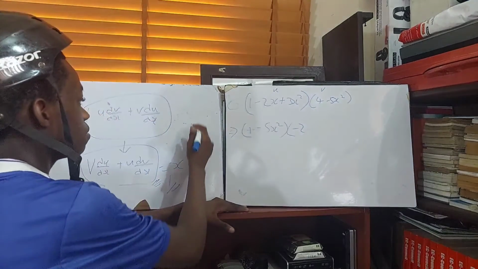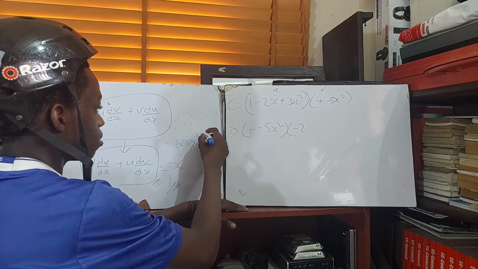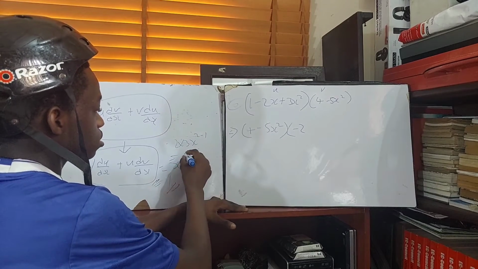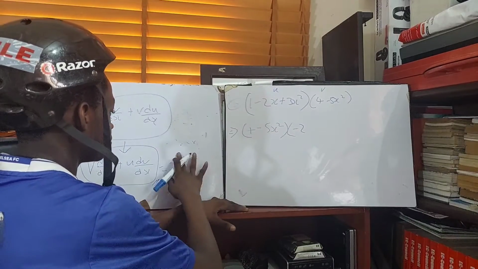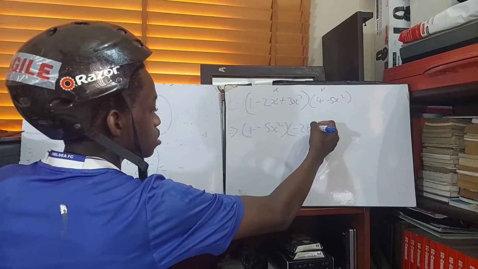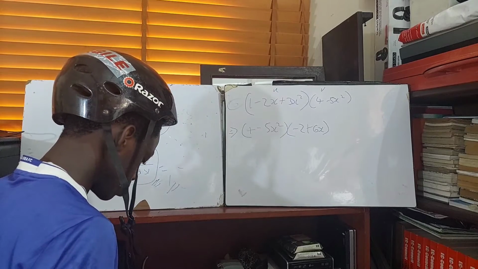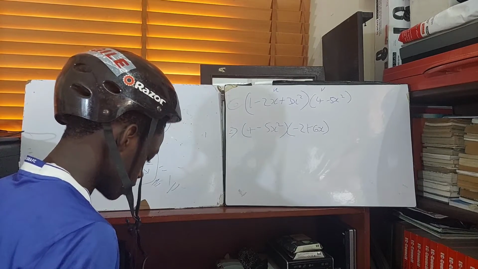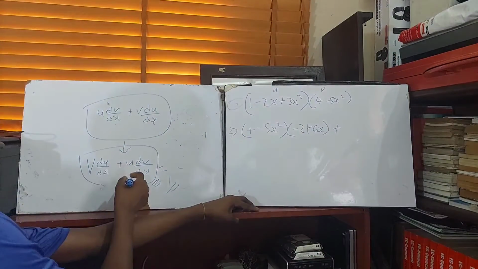You understand? 2 times 3x to the 2 minus 1, so that is 6x. So that will be negative 2 plus 6x. Now you're going to add u dv/dx.